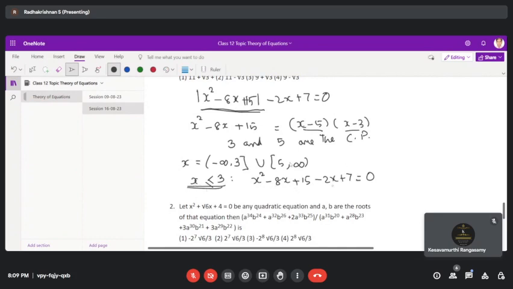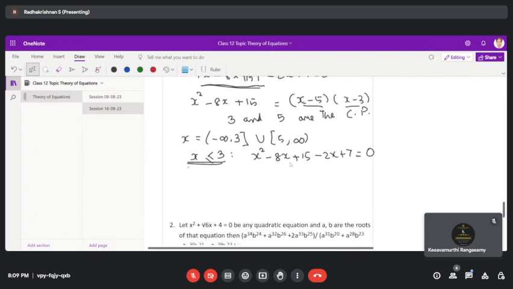So we can solve this, and if you get a solution which is less than or equal to 3, we can take that as a solution. This is x square minus 10x plus 22.